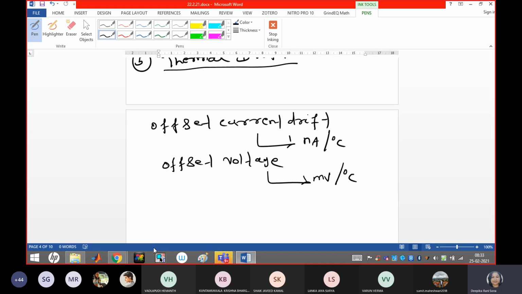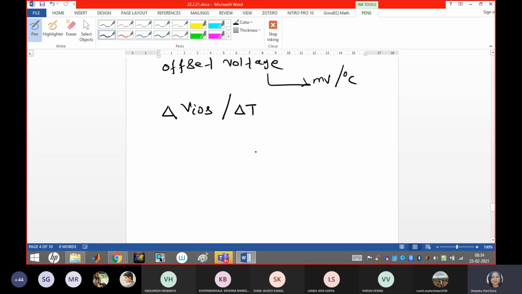The proper definition of thermal drift: the average rate of change of input offset voltage per unit change in temperature is called thermal voltage drift. We denote this as del VIOS divided by del T, the change in temperature, in microvolt per degree centigrade.